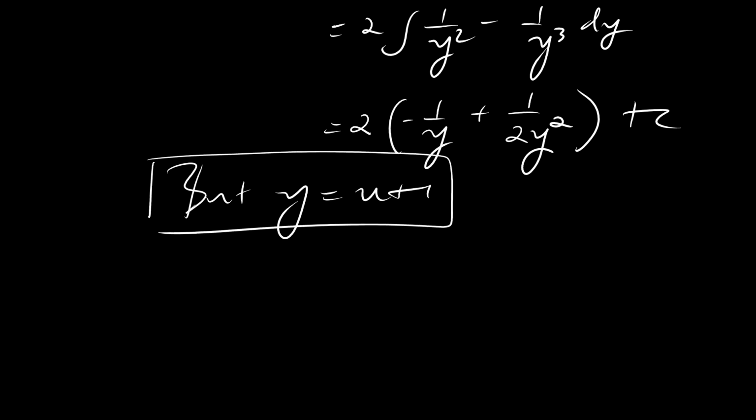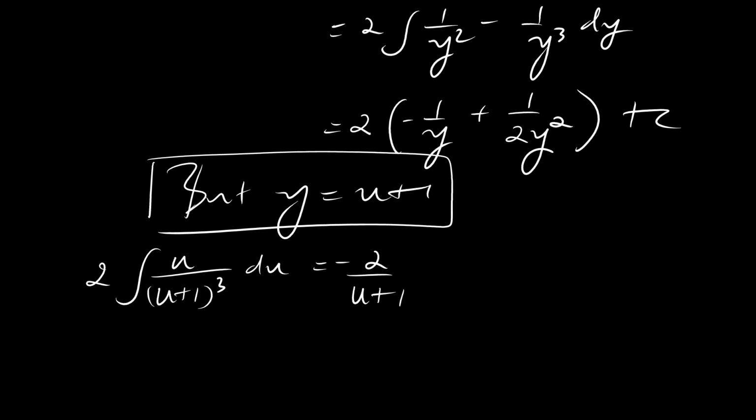That in mind, our problem that is 2 times the integral of u over u plus 1 cubed becomes 2 times negative 1 over u plus 1 plus 1 over 2 times u plus 1 squared, plus c.